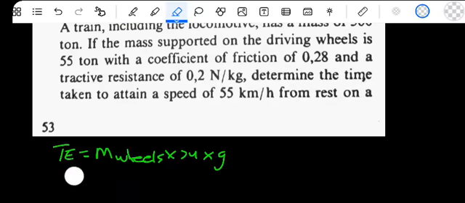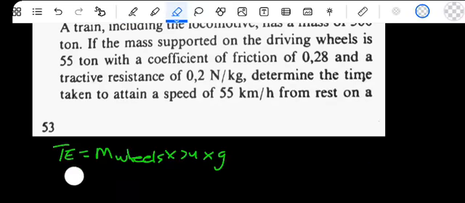Multiply that by the coefficient 0.28, and gravity is 9.81. Punching this in, our TE therefore will be equal to 151,074, obviously in newtons.